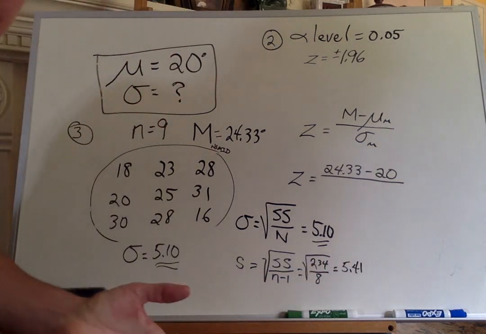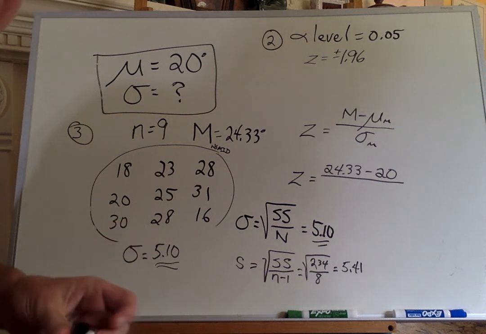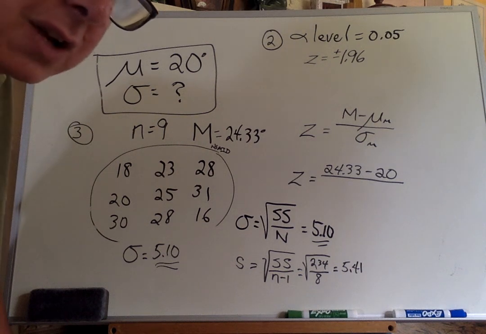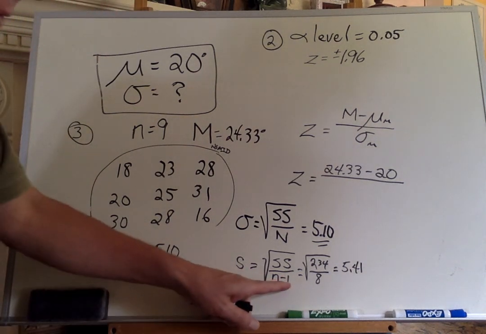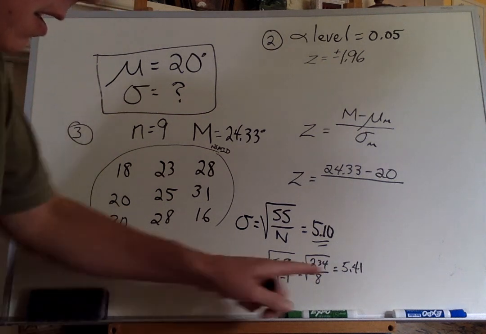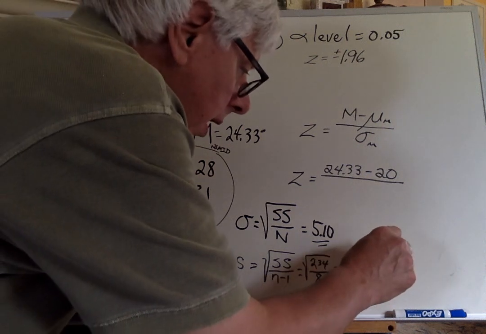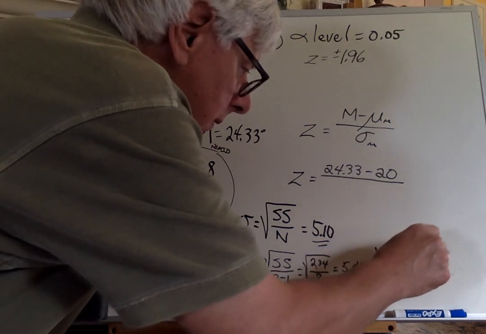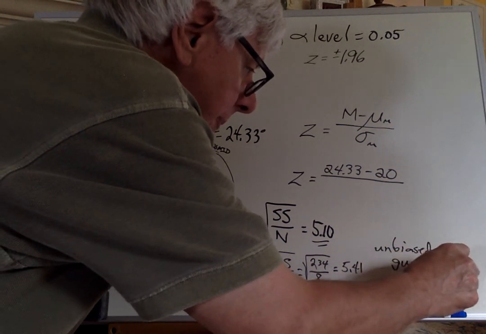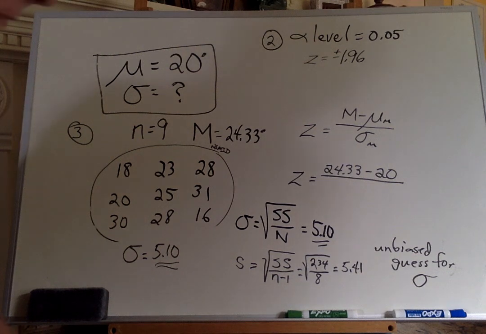Notice it gets bumped up a little bit. We've adjusted. We know that this underestimates the population standard deviation, so we subtract 1 in the denominator. That will end up increasing it. This formula is used to make an unbiased guess for population sigma.